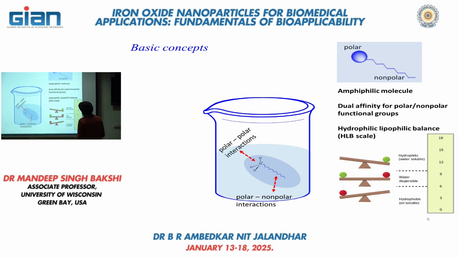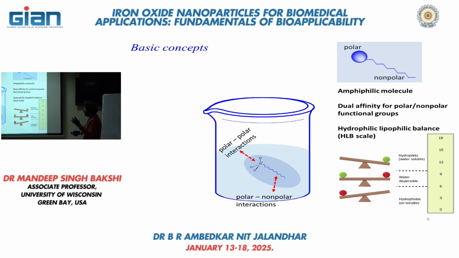So this property of dual affinity, a dual functional group with polar and non-polar polarities, provides the amphiphilic property to the molecule. Such molecules are known as amphiphilic molecules, with polar and non-polar parts.